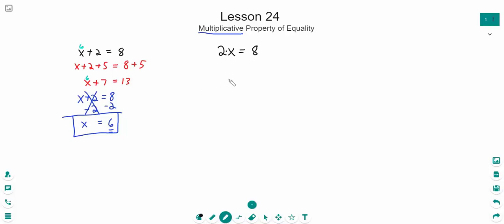Now, how would we set that up? Well, one way to show that would be to take this 2x and divide it by 2. Now, remember, in algebra, we don't like this symbol, okay? We don't use this symbol hardly ever, if ever, in algebra. It is a symbol that you would have used in grade school for division.